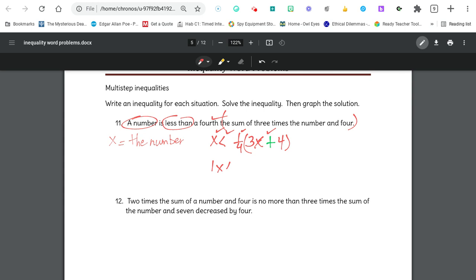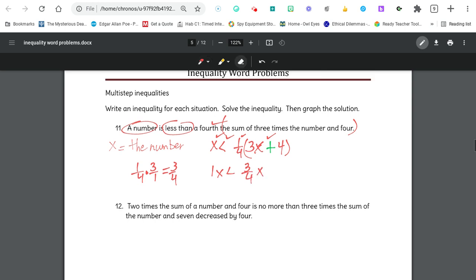Put an imaginary 1 there. x less than 1/4 times 3 is the same as 3/4. So less than 3/4 x. And then let me get rid of these check marks to clean this up. After 1/4 times 3, you have 1/4 times 4. So a fourth of 4 is just 4 over 4, or simply 1, guys. So that's plus 1.